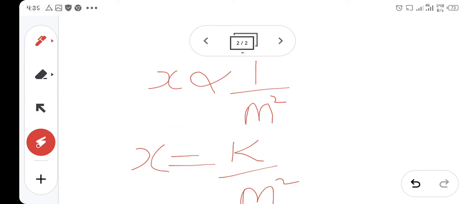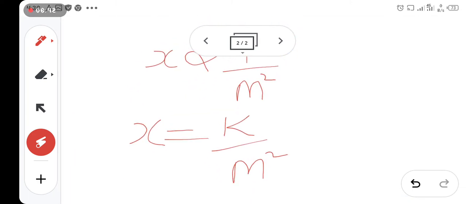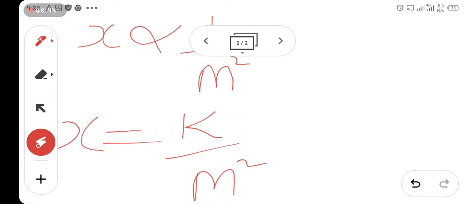Now I told you that the next thing for us to do is to find the value of our constant and then write the relationship between x and m squared. We can do that by using the parameters provided in the question. We were told that when x is 3, m is 9. So I'll put it in this equation.